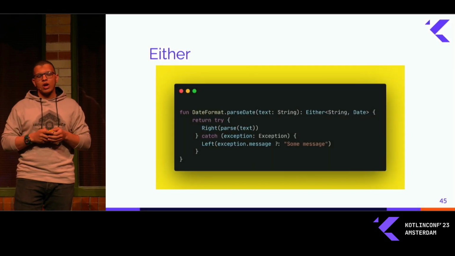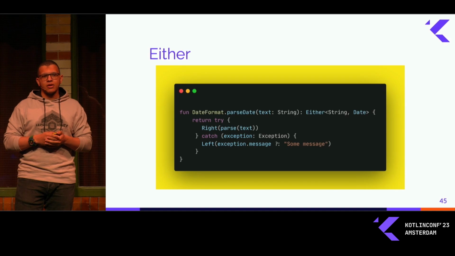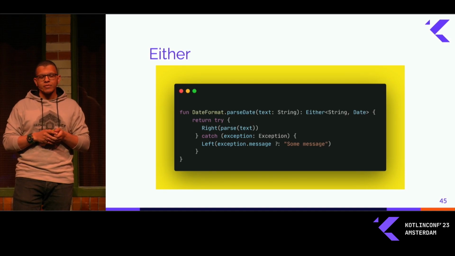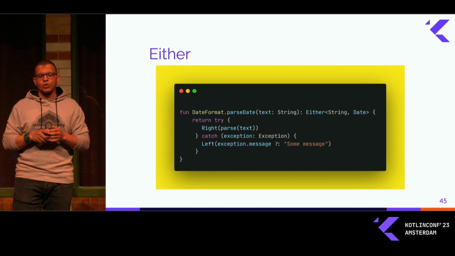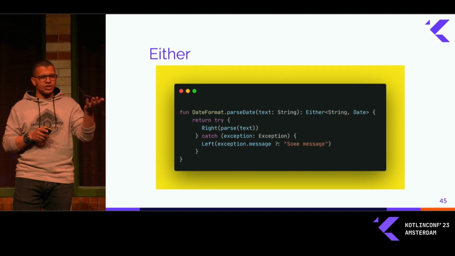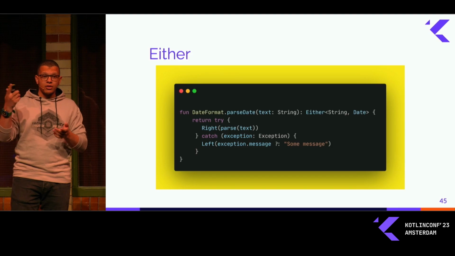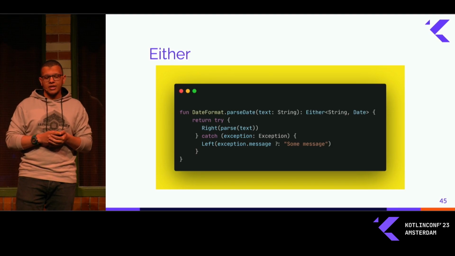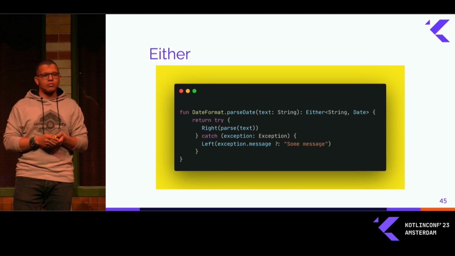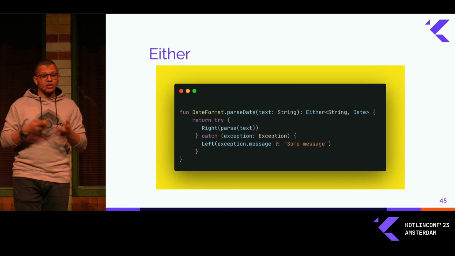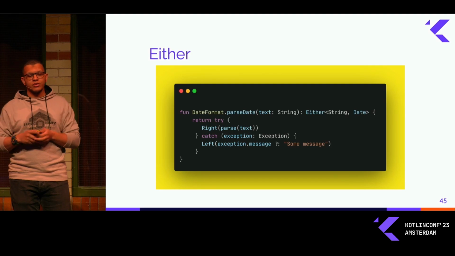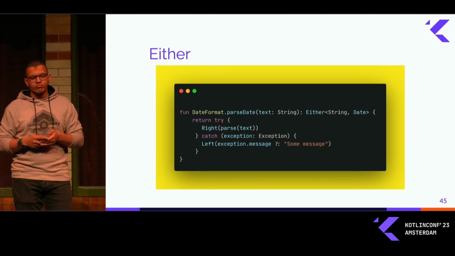Let's say we have some parse date function, right? Here, as you can see, in the signature we have the string as the exception, the message of the exception, and the success type, which is the date type. Basically, some try and catch, and you return the result in the Right if it is good. Otherwise, you return the exception message in the Left.